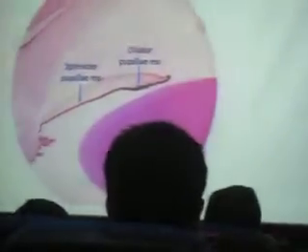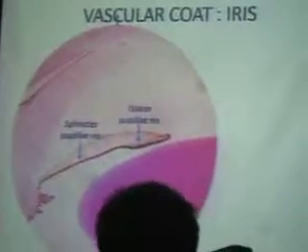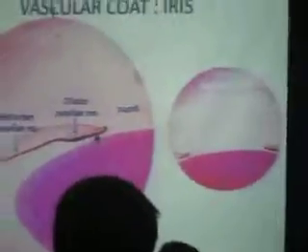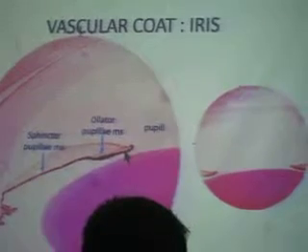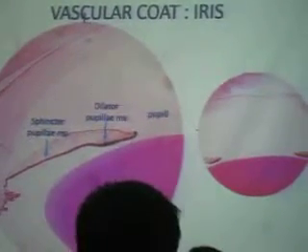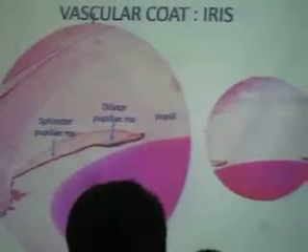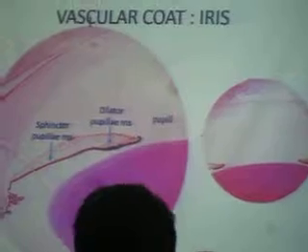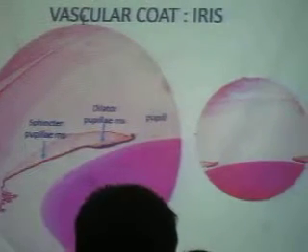You have to reverse the label. Here you have the sphincter pupillae because it is circularly disposed around the pupil, so that when this sphincter pupillae contracts, it will constrict the pupil.